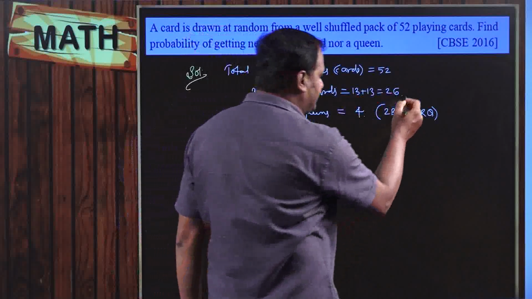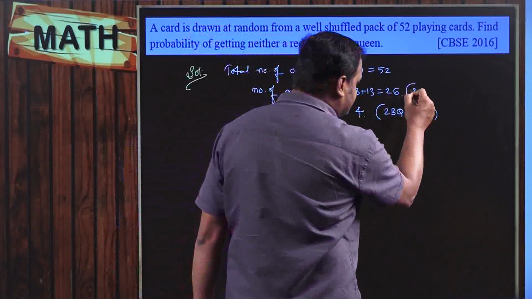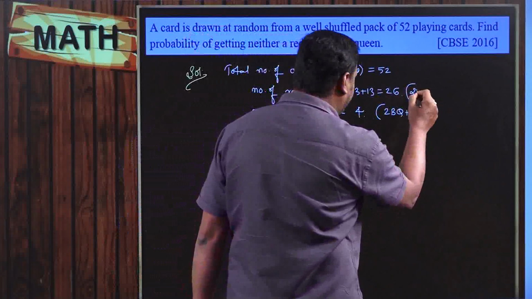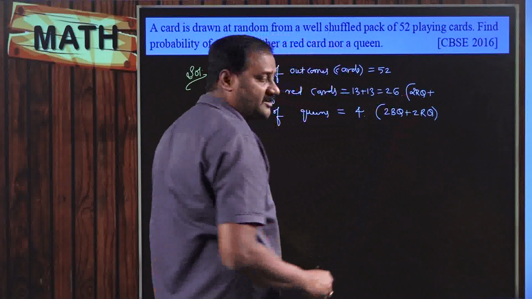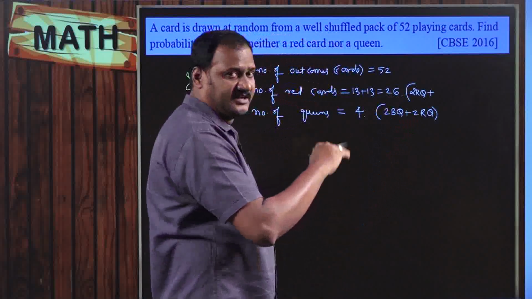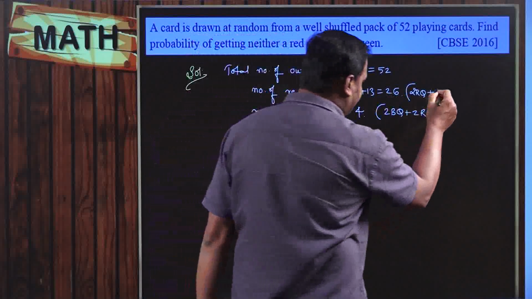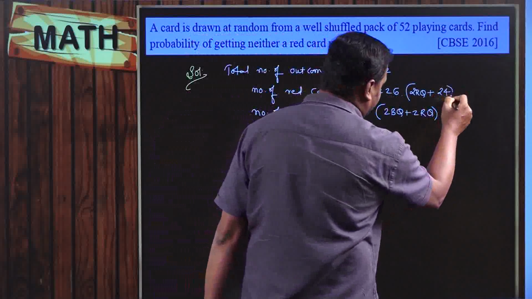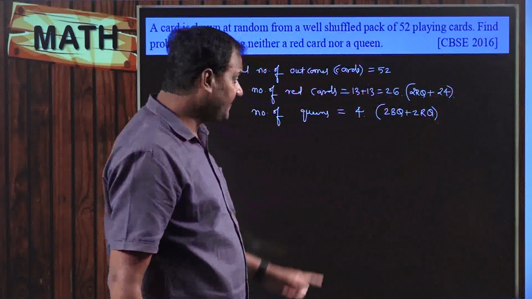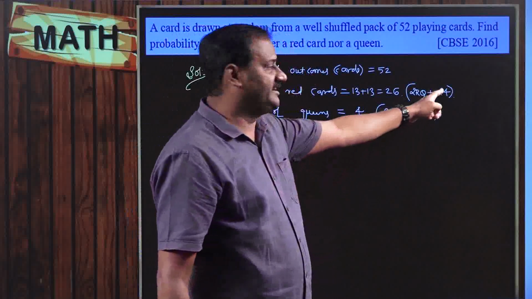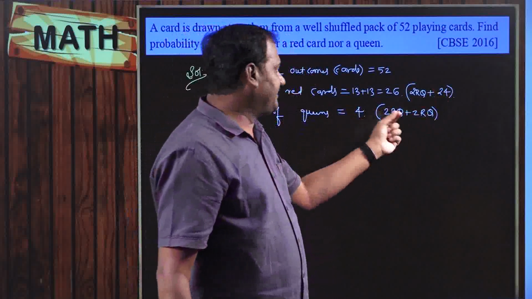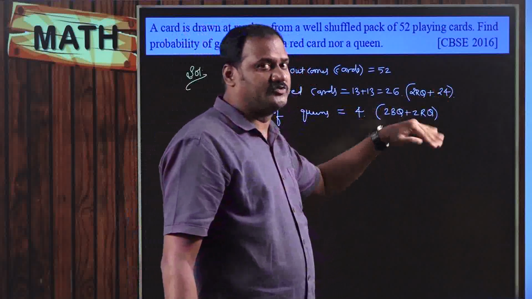Removing all the red queens means in these 26 red cards, 2 red queens are already there, plus the remaining 24 cards. Here there are 2 black queens and 2 red queens. The 2 red queens are already taken, so the remaining 2 black queens should be removed.